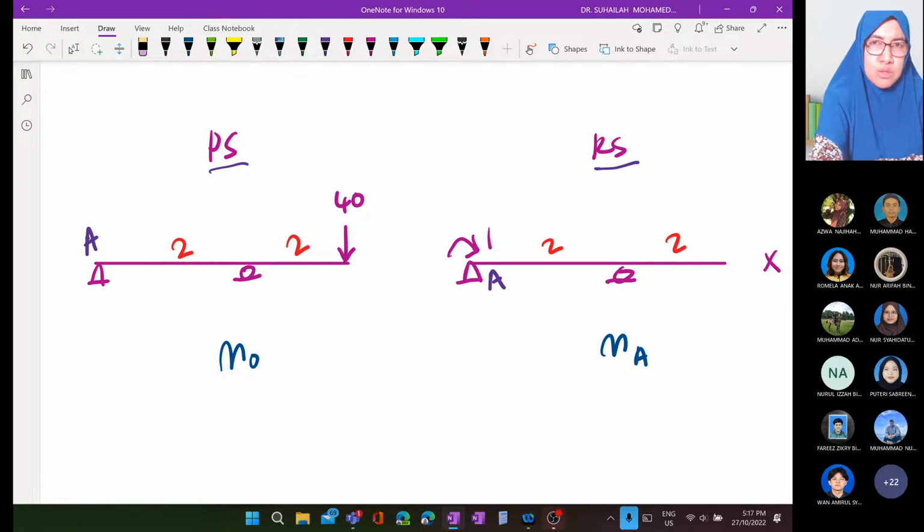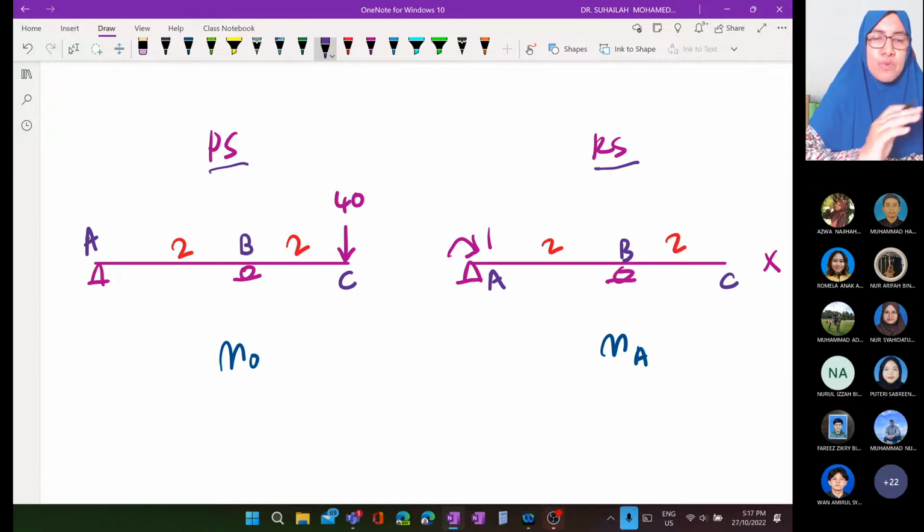At A, we change to pin support, and we remain B, roller support at B. So this is B, this is C. In the primary beam, after we remove the moment, it becomes a simply supported beam with one cantilever end at C, with the 40 kilonewton loading remaining, because the only thing that we remove from the actual beam is the moment at A. That is the primary structure, the primary beam.